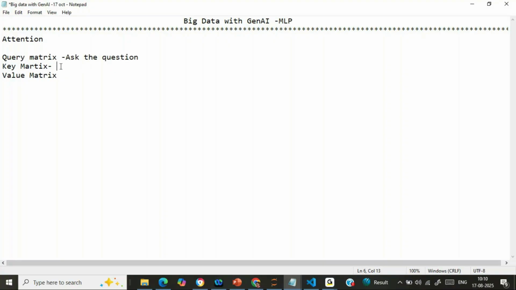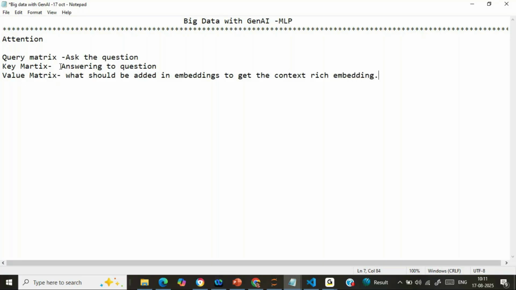The key matrix is responsible for answering the question, and the value matrix tells what should be added in the embeddings to get the context rich embeddings.